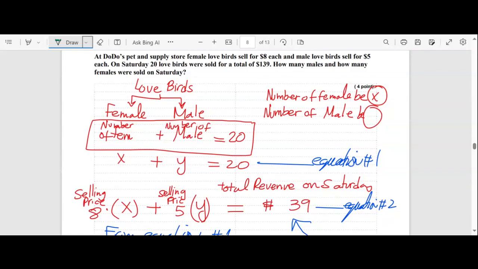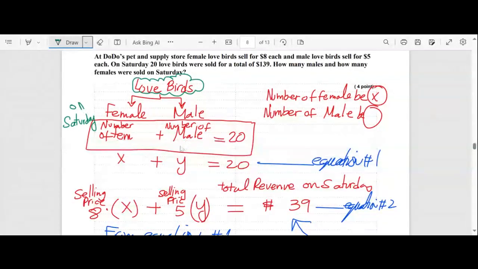So as you can see here, lovebirds have two sexes, female and male. So we need to know the number of female and the number of male. But we know that on Saturday he sold 20.